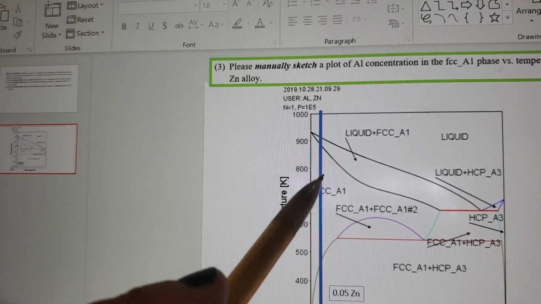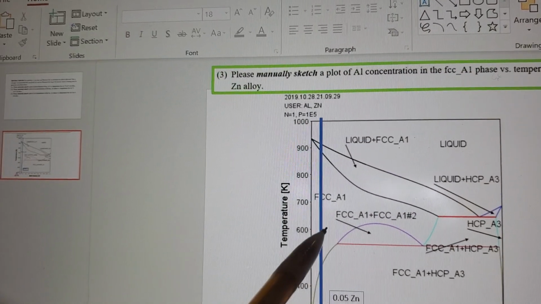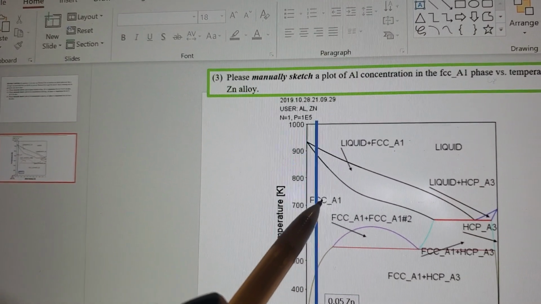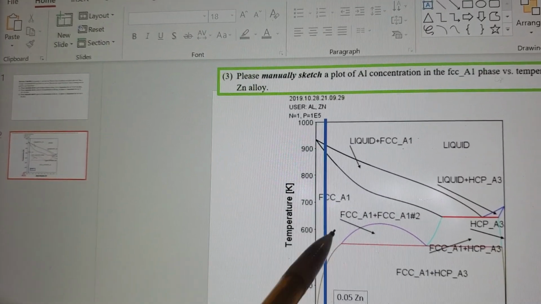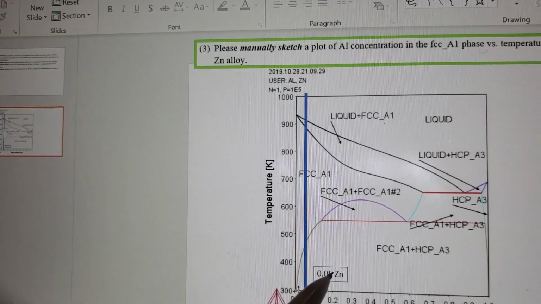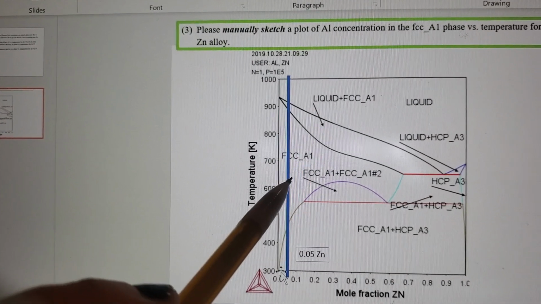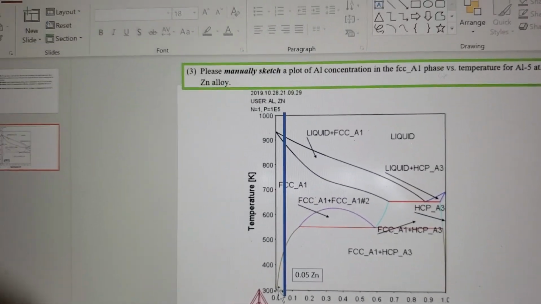So in this entire region, we don't have to use the tie line because there's only one thing present. So if there's only FCC A1 present here, then we follow the composition of 0.05 zinc. So since we have 0.05 zinc, 1 minus that would make 0.95 aluminum.